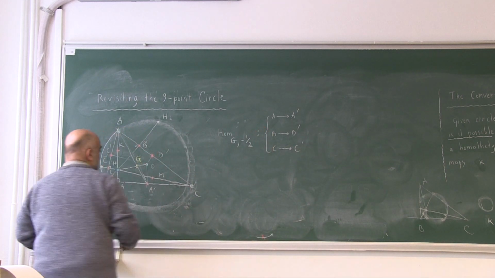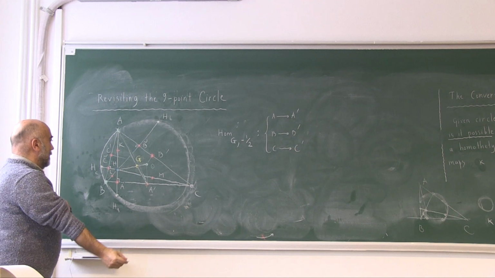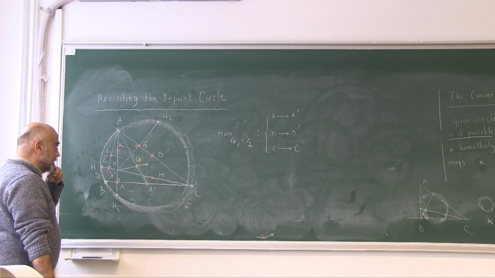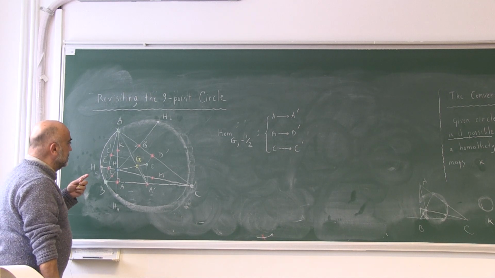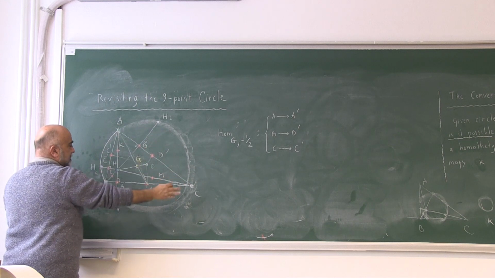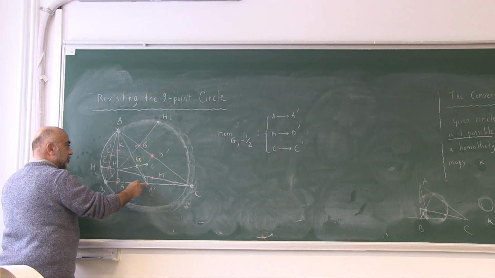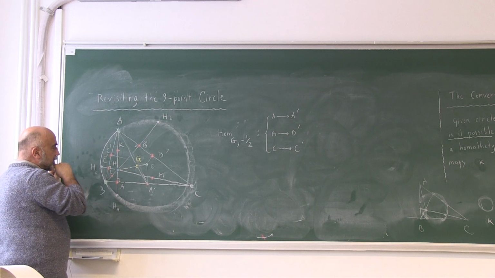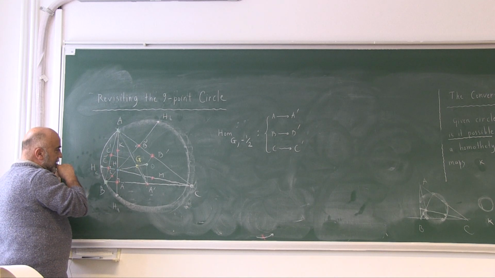That's excellent. So that means of course the circumcircle is sent into the circle that goes through A prime, B prime, C prime, but that's not the whole story.